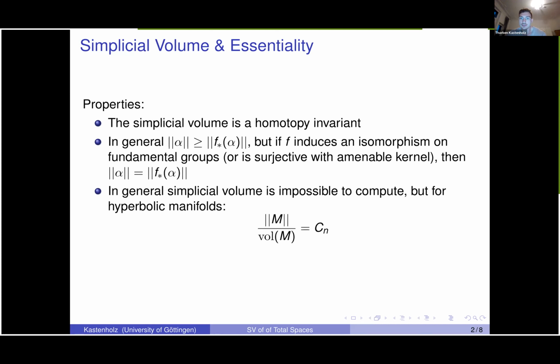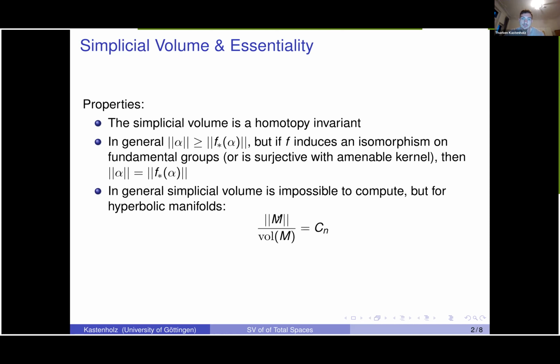But the cool thing is that at least for, say, hyperbolic manifolds, you can compute the simplicial volume because it's basically just the actual volume of the hyperbolic manifold. So the quotient of the simplicial volume and the volume only depends on the dimension. And this is just the volume of an ideal simplex.